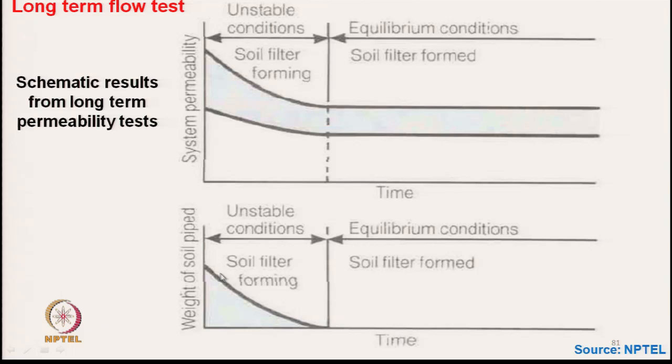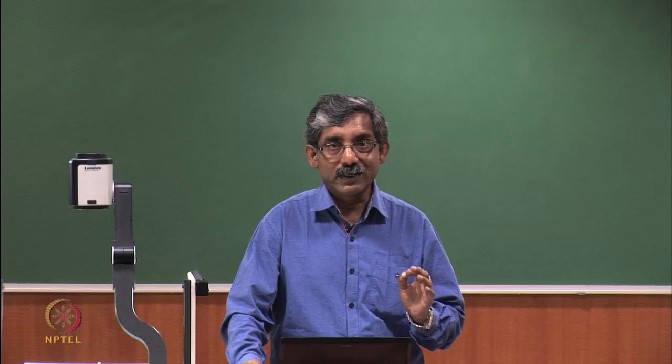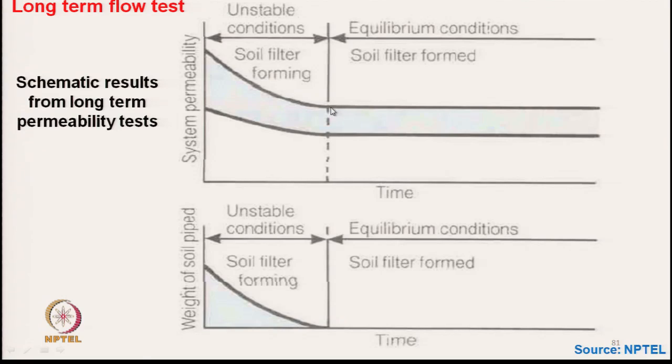So, there was no piping after a certain time and in the steady state flow system the permeability was reducing gradually, but once proper filter formation took place, the steady state flow has been reached. So, there is no droppage of flow, there is no reduction of flow.